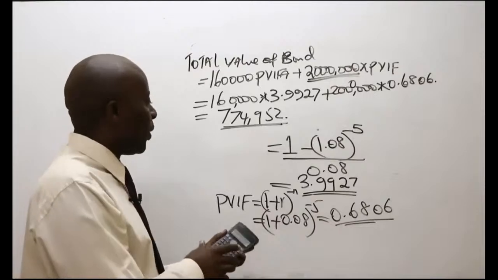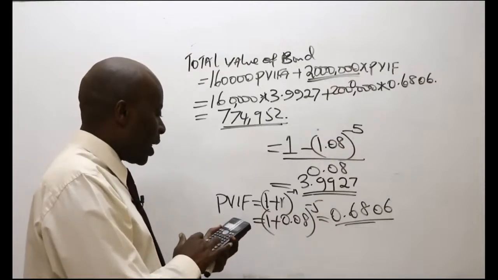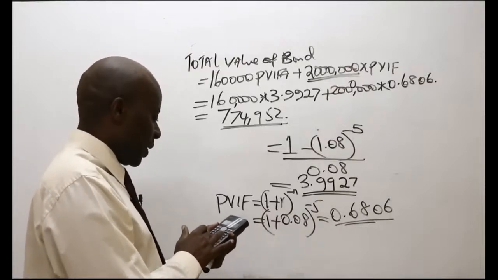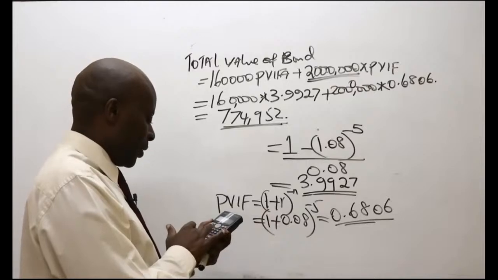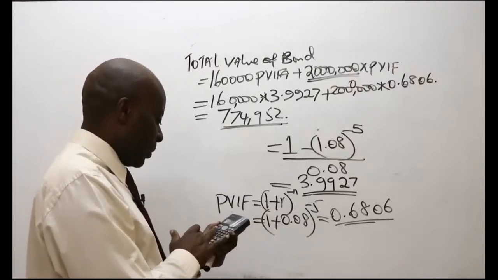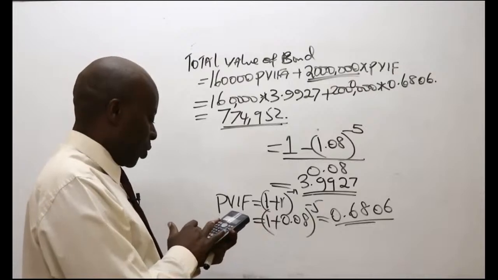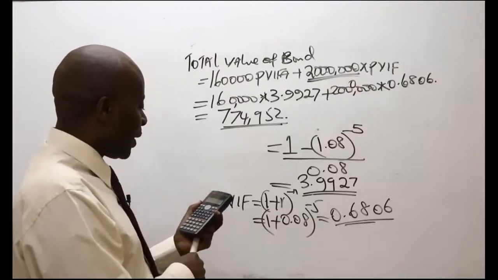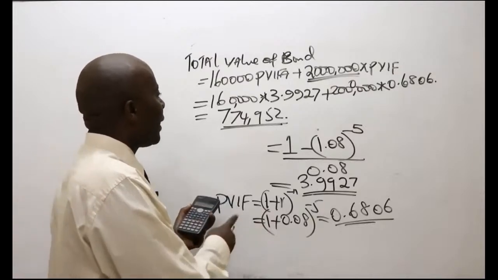If it's 2 million, so we have here 160,000 times 3.9927 plus 2 million times 0.6806, which will give us 2,032,000.